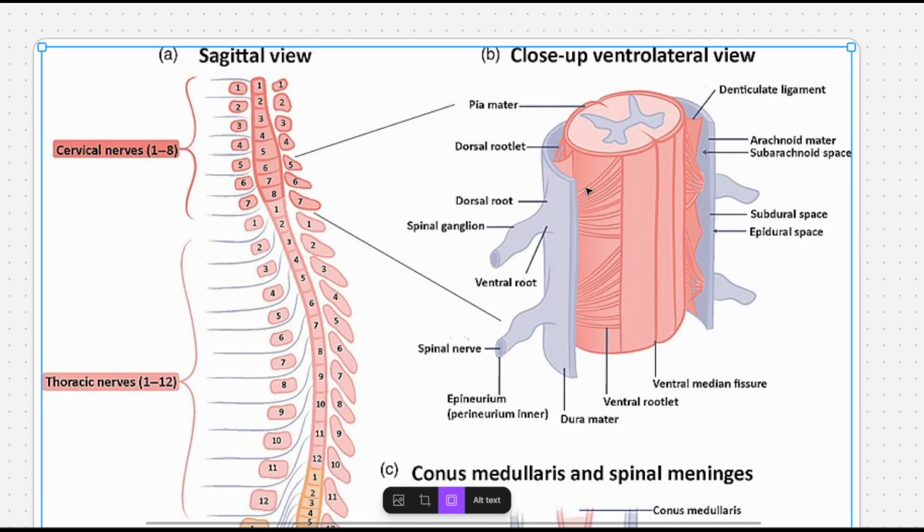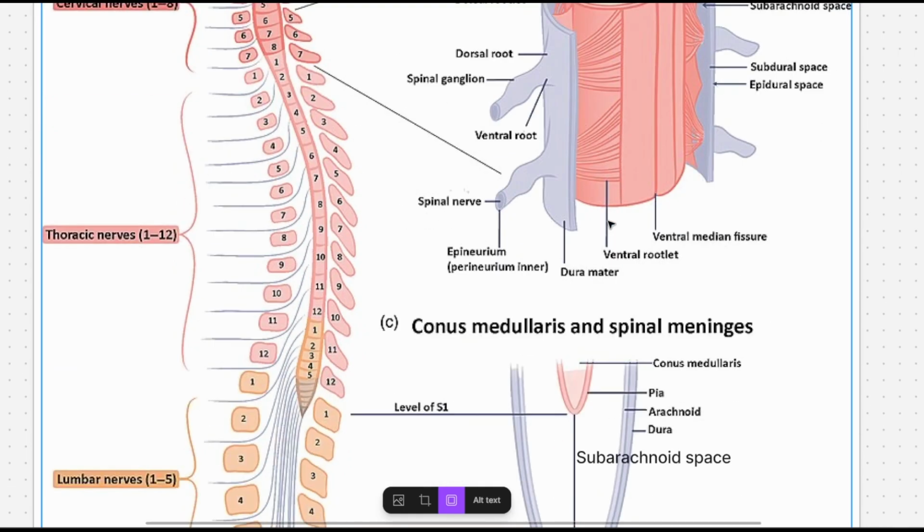So they act as support, because we said the pia is directly attached to the spinal cord itself. So it acts as an anchor for it to stay stable inside the vertebral canal.